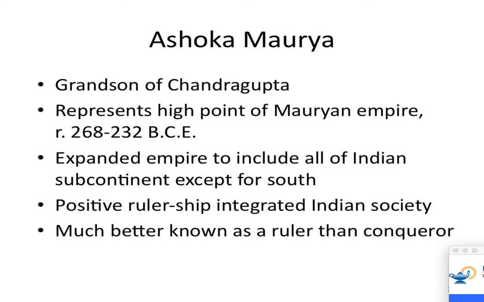What that means is that he is responsible for the high art, high culture, all of those different types of things. Because of him, we have a lot more art, a lot more architecture. He is the Augustus of India. Does that make sense?